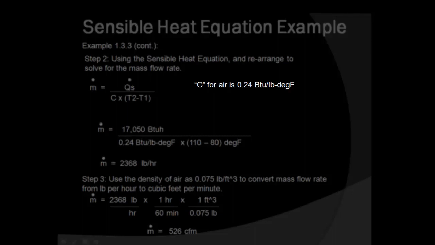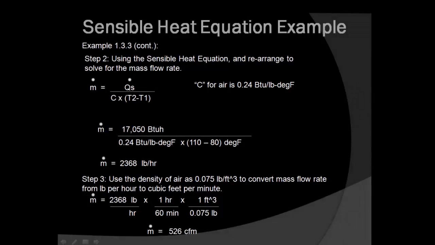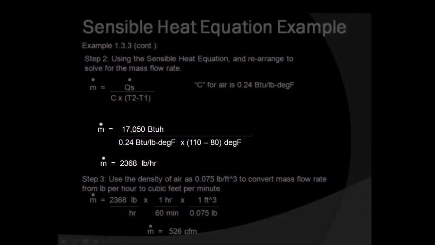We will use 0.24 BTU per pound degree Fahrenheit in this example. The temperature difference is the leaving temperature minus the entering temperature. And now, using some algebraic rearrangement, we can solve for the mass flow rate of the air. Solve by entering the values and just doing the math. The airflow rate is found to be 2,368 pounds per hour.